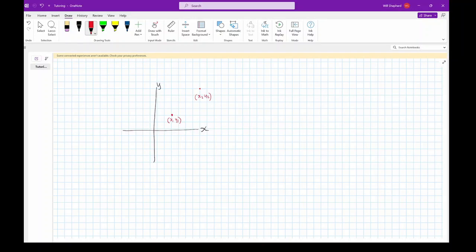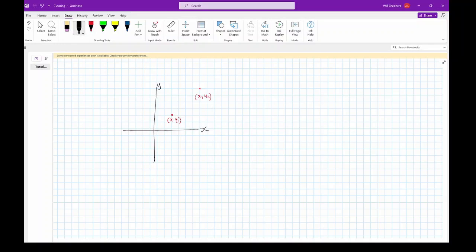Obviously, the axis goes 1, 2, 3, 4, 5, etc. So when we go further to the right on the x-axis, the numbers get bigger, don't they? And the closer we are to the y-axis, the smaller the numbers.